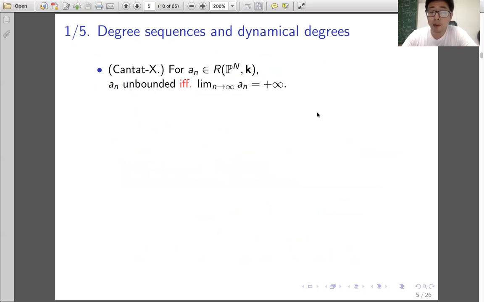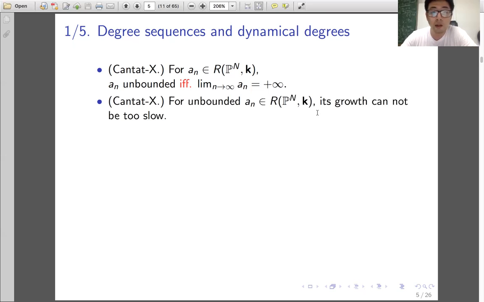In high dimension, we know very little about these two sets. Here is a known result by Cantat and myself. We showed that for a degree sequence, it is unbounded if and only if it tends to infinity. And we also showed that if it is unbounded, then its growth cannot be too slow.